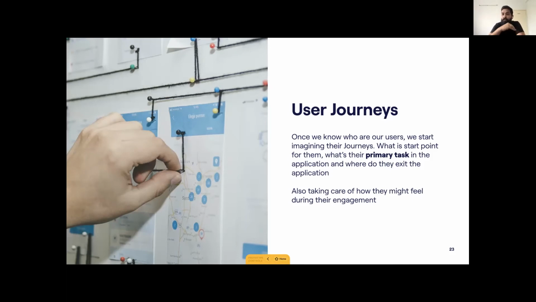And if you get something for free, you get excited, or if your job gets done very easily, or you see a very funny video or something, you get excited. So we map the emotions as well. We map how a user feels at the beginning of this application, how they travel through the application, and how they exit.